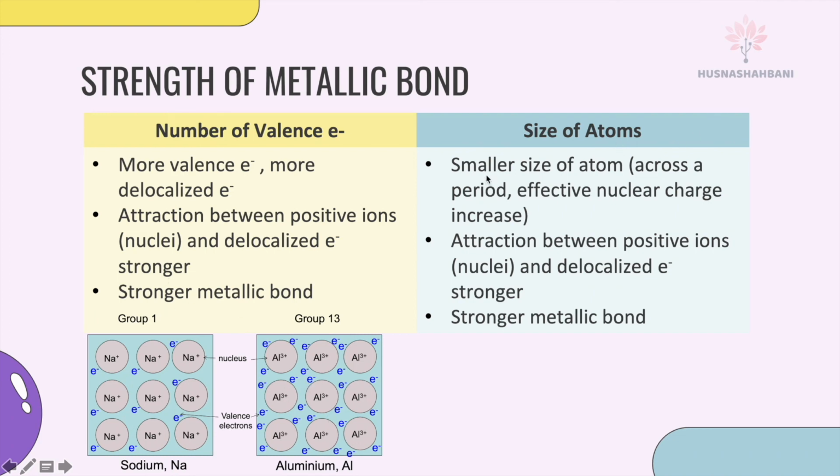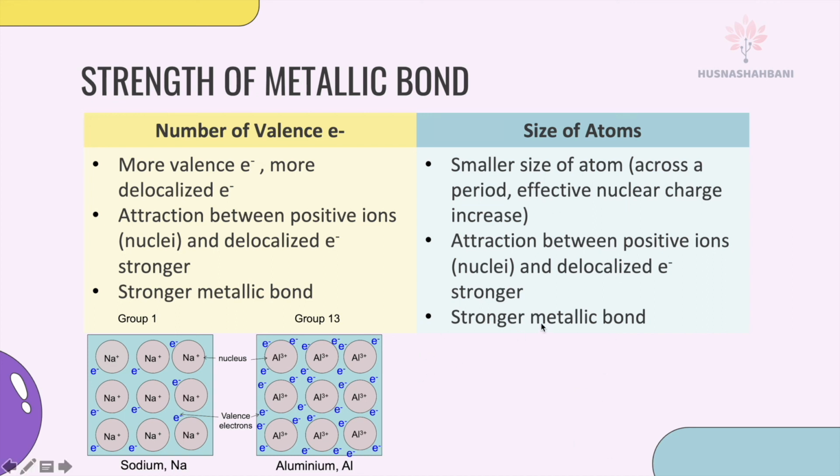For the size of atoms, the smaller the size of the atom across a period, we know that across a period the size becomes smaller because effective nuclear charge increases. The attraction between positive ions and delocalized electrons is stronger because across a period from left to right, the positively charged nucleus, the proton number, keeps increasing.